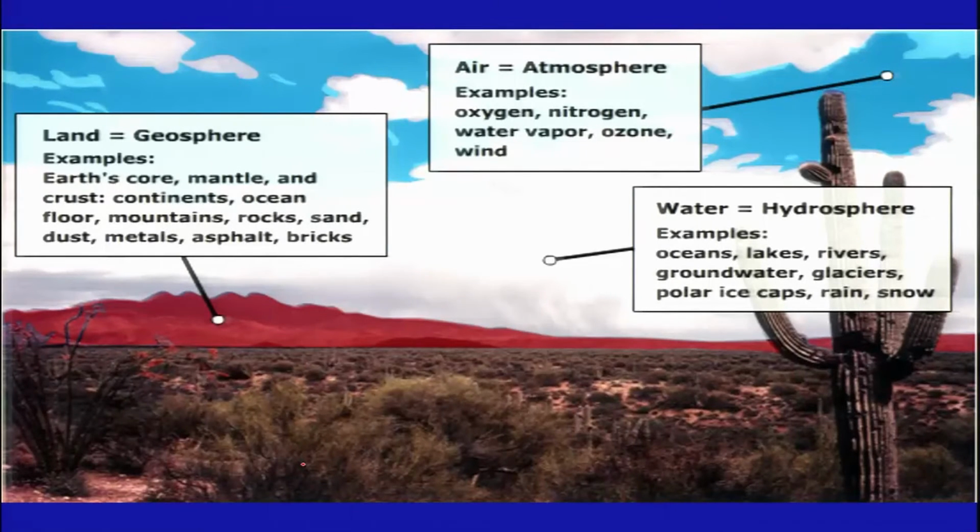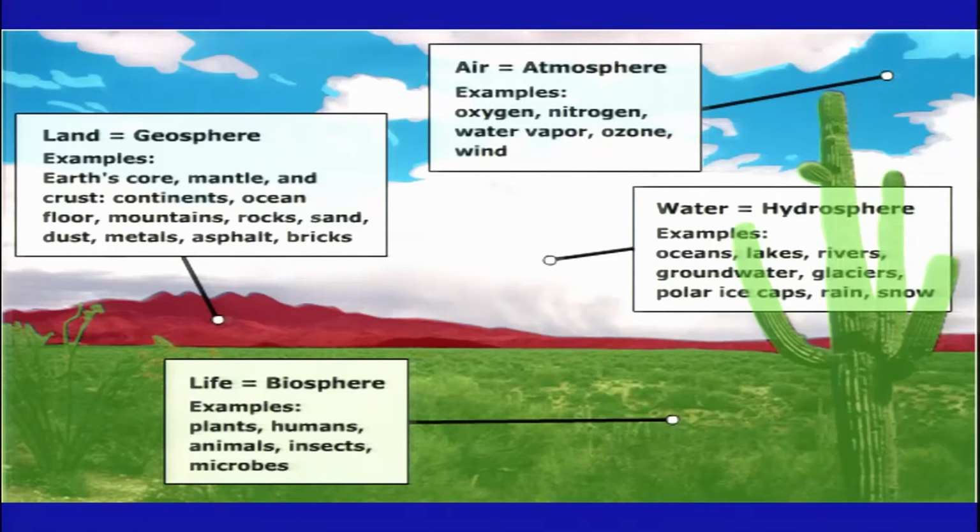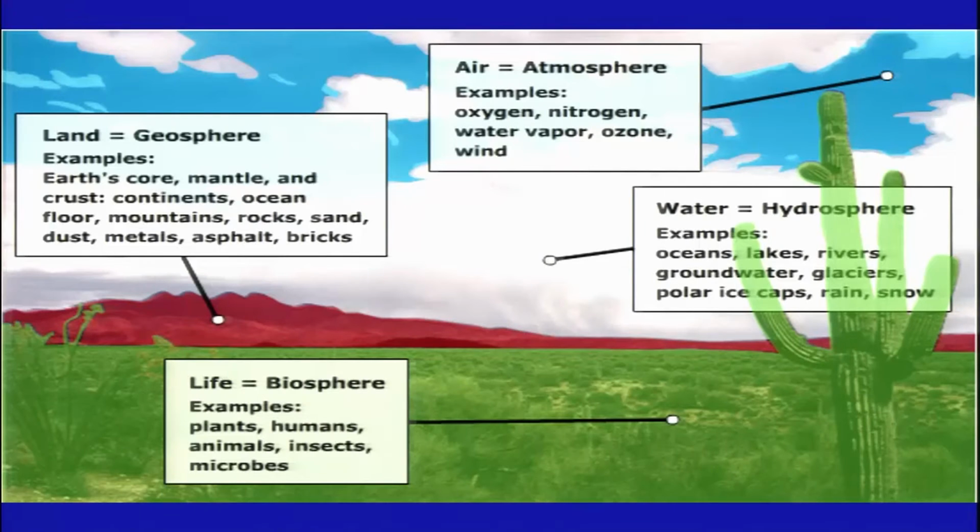Other than these 3 systems, we have another important one, the biosphere, which includes plants, humans, animals, insects and microbes.